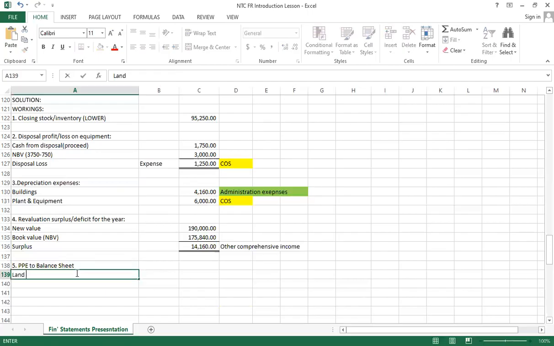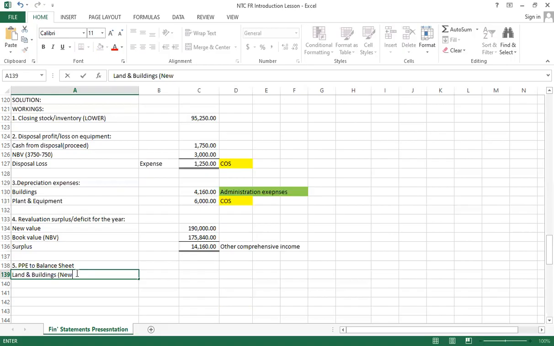One, we have land and buildings. Now these ones we revalued, and we revalued them at the date we report.